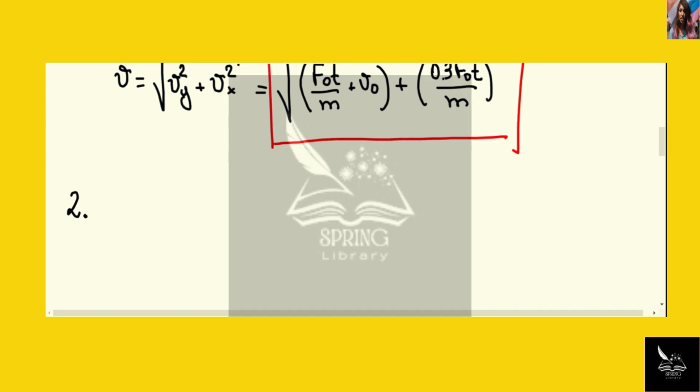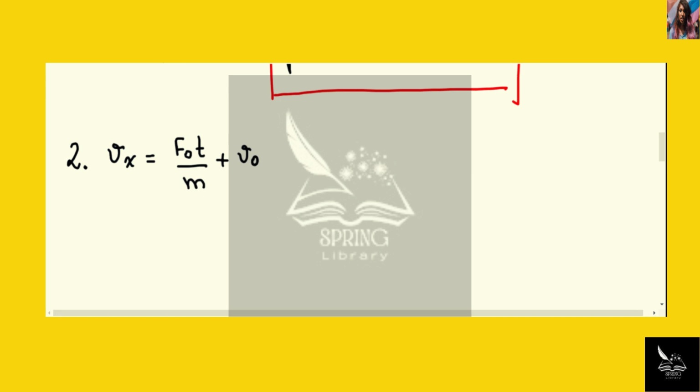In the second part, I'm going to find the trajectory, the equation of the path of the particle. Remember that vx is equal to F0 t divided by m plus v0, and also that vx is dx dt.